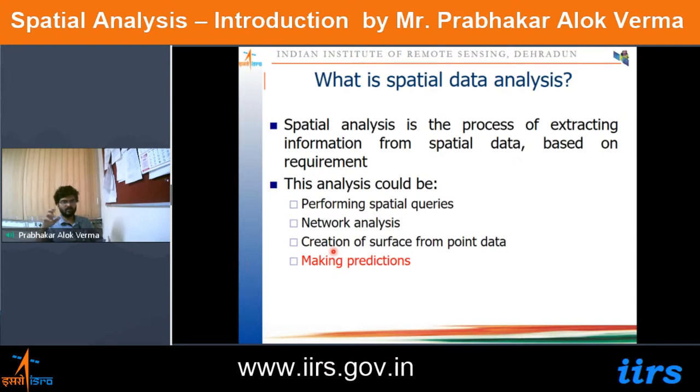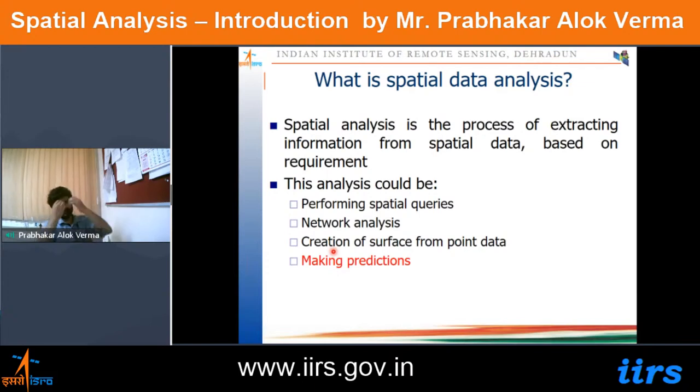Just imagine if you have to make a temperature map at 30-meter resolution. You would have to travel to each 30-meter block and collect the information. There will be millions of locations which need to be covered, which is not possible practically.